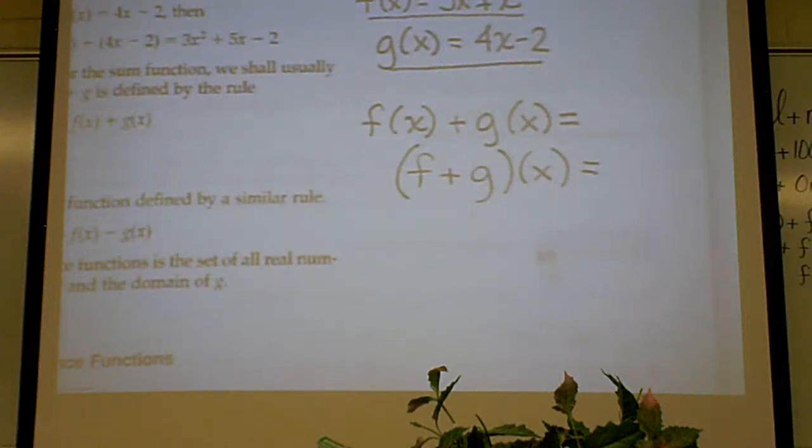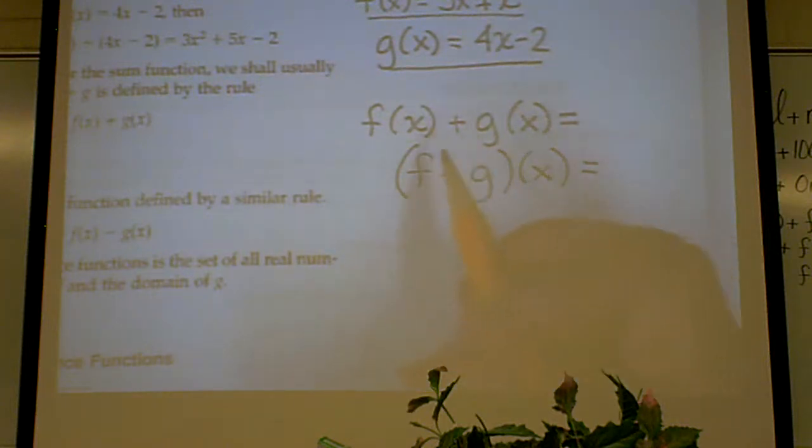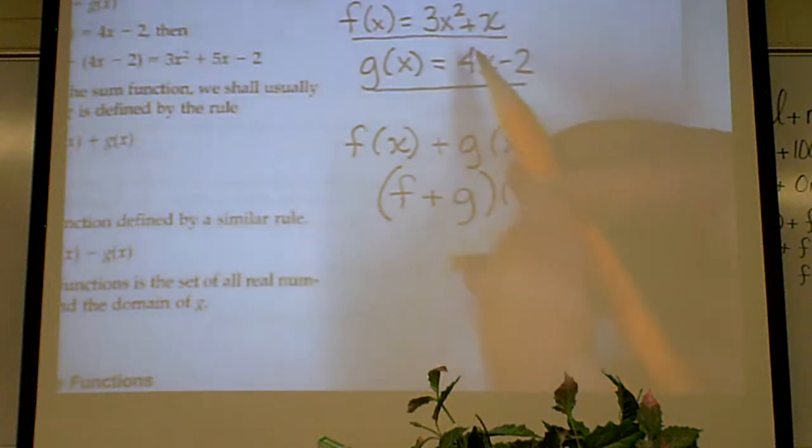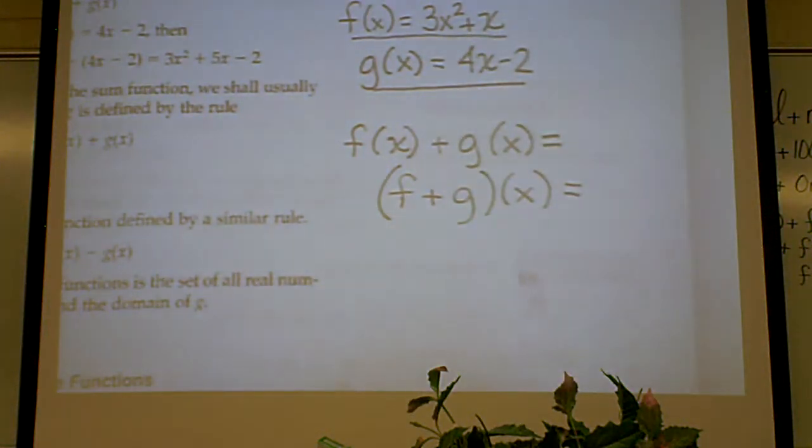What would you think to do? Add them. Combine like terms. Simplify. These are all things that you should know to do. So if you saw this, it is asking you to take f of x and add g of x. What would you get for an answer?